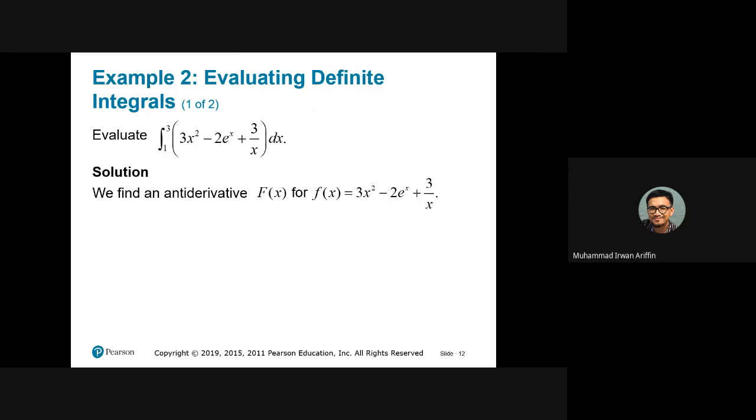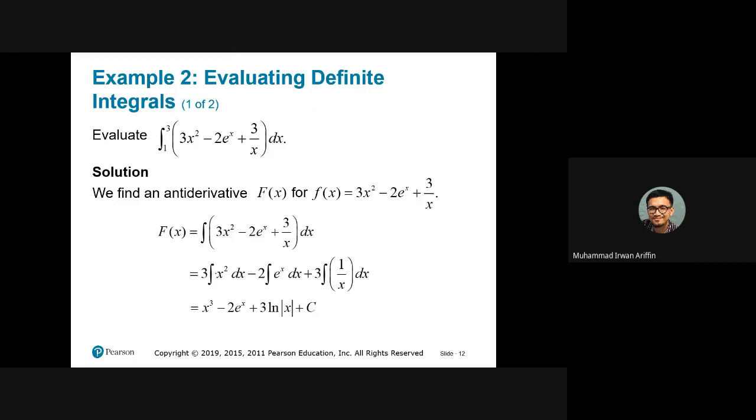Step number 1, we simply rewrite, applying whatever properties we have discussed before. This one we can separate because it is summation and subtraction, so we deal with them one by one. And these are constants, so we can take the constants up to the front, and we simply use the power rule: 2 plus 1 is x to the power of 3 divided by 3.